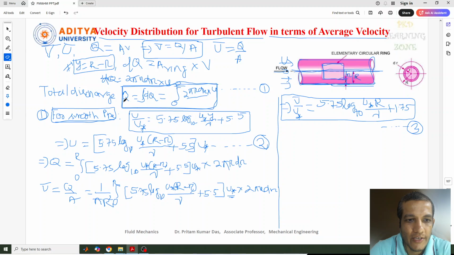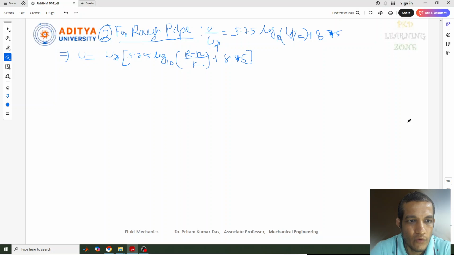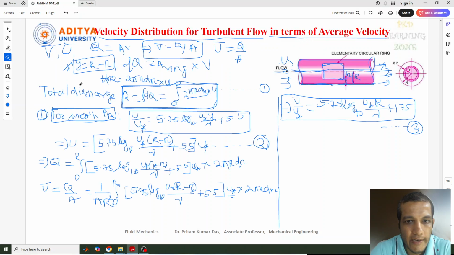Now this u value we got here, again we have to go for the total discharge equation Q, which is the total output coming out of this pipe. So we put the value of u in Q. In the Q equation we know that Q equals the integration from 0 to R of 2 pi r dr into u.